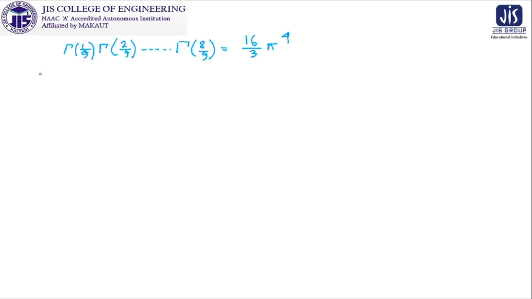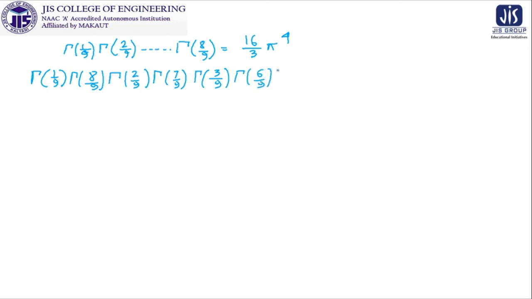this structure can be written as gamma 1 by 9, gamma 8 by 9, gamma 2 by 9, gamma 7 by 9, gamma 3 by 9, gamma 6 by 9, gamma 4 by 9, gamma 5 by 9.